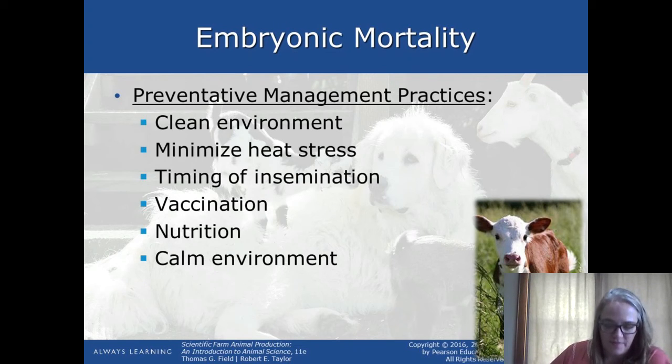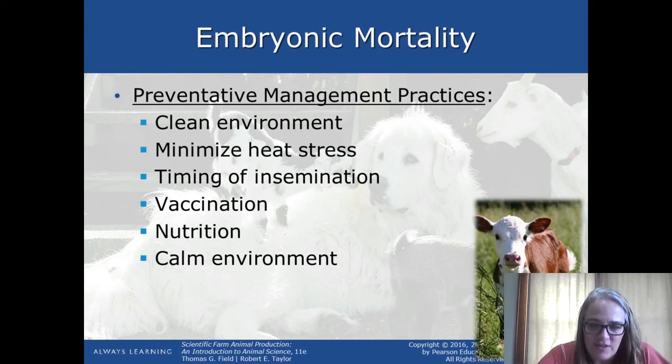Some things you can do to prevent embryonic mortality. One of them is to have a good environment for the animals to live in, clean areas. We want to manage the temperatures in terms of shade and protection from cold.